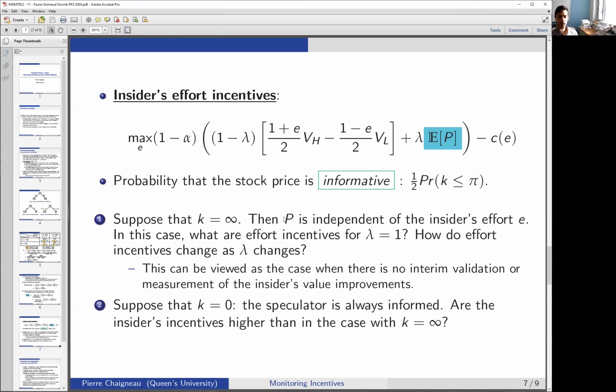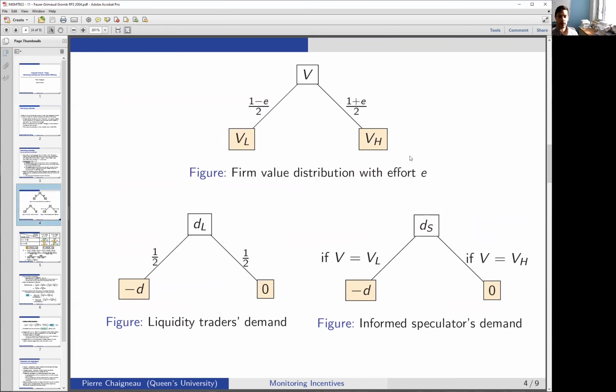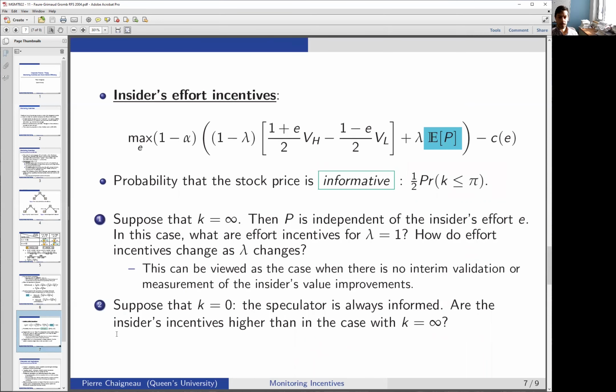And so the stock price P is independent of the insider's effort E. The market maker does not observe the insider's effort, and does not observe the realization of firm value either. So he cannot make any inferences about the manager's effort or about firm value. So in this case, P is independent of the actual effort by the insider.